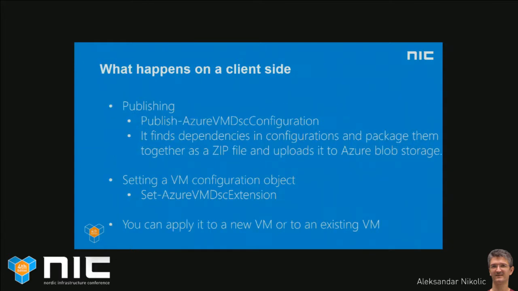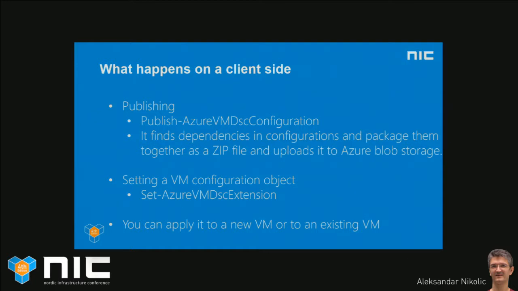So what happens on the client side when we use the Azure desired state configuration extension? We have a few steps on the client side. First, we have a publishing step. What will happen there? With the Azure PowerShell module, we got 4 commandlets for working with the desired state configuration extension, and one of them is Publish-AzureVMDscConfiguration.